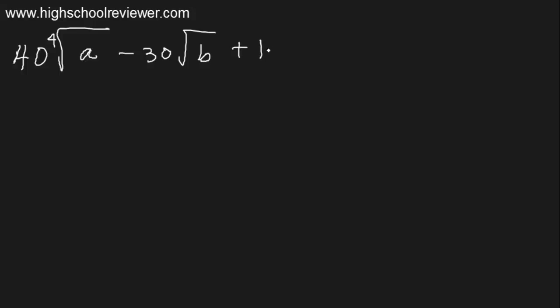Okay, our next problem, we will have 40 fourth root of a minus 30 square root of b plus 18 fourth root of a plus 15 square root of b.